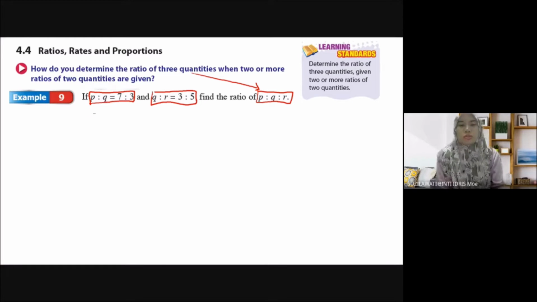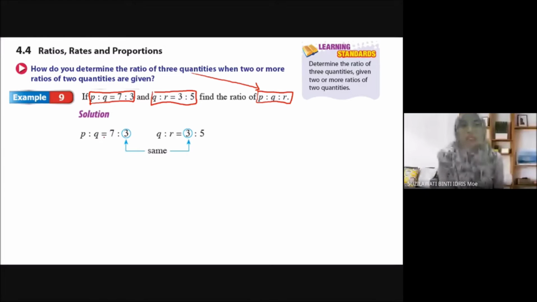So how do we do it? The solution. We write P to Q equals 7 to 3. We copy back this one for the solution. Next we copy this one: Q to R equals 3 to 5. If we look closely, the 3 here in the blue circle is the same.